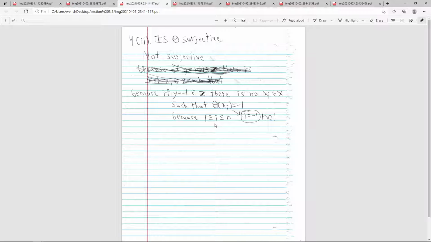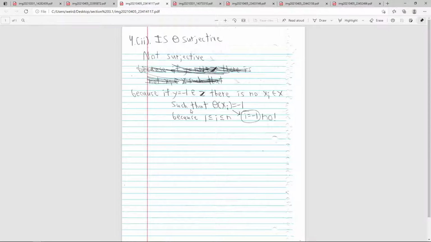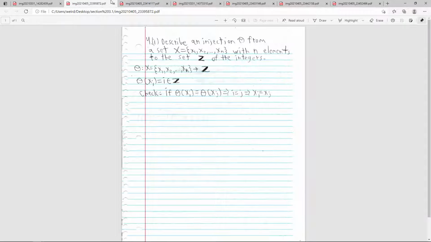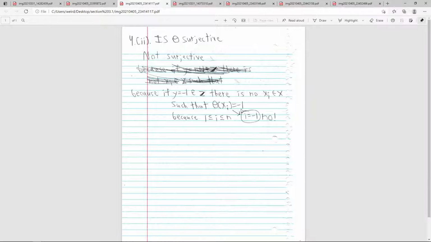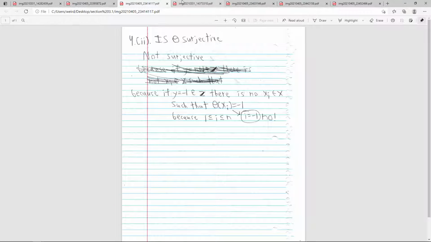That would imply i equals negative 1, which cannot happen, because i can only be between 1 and n, greater than or equal to 1 but less than or equal to n, based on how it's formatted from x1, x2, to xn. So that's why it's not surjective, but it is injective.